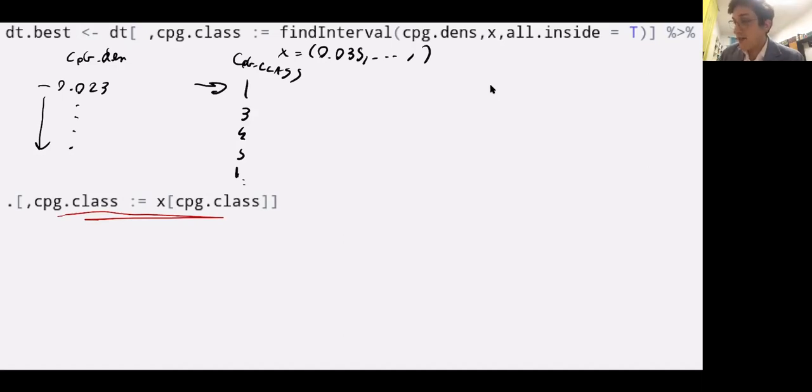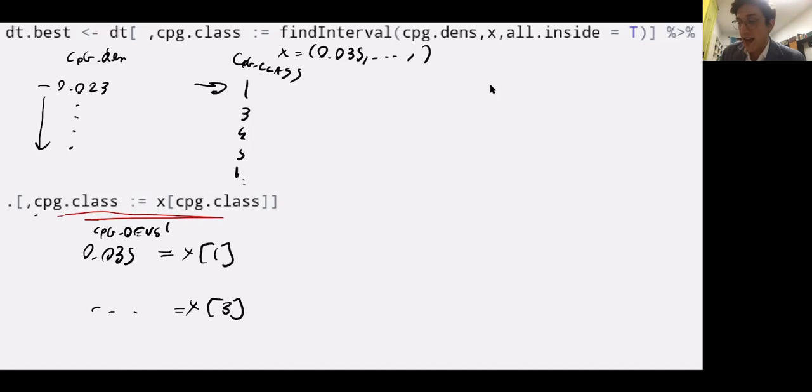This means take the vector X. Here we have, for example, 1, so X of 1 will give you the value 0.035. X of 3 will give you another value. And this will be our new CpG density prime that we will define again as CpG class.